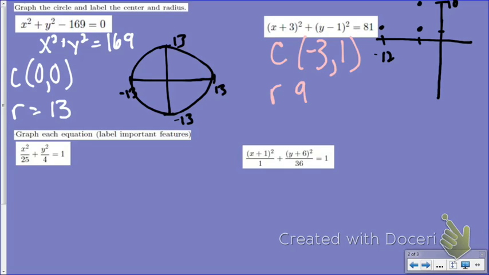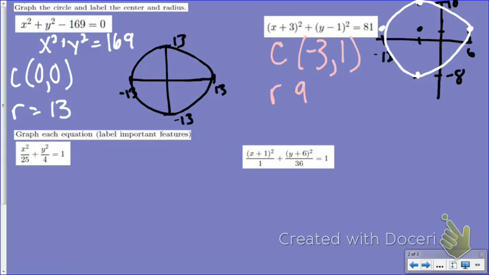If I go down 9, I'll be at negative 8. And if I go right 9, I'll be at 6. So I just need to connect those 4 dots, and there's my circle. Not a very good circle, but pretend it's perfectly round.